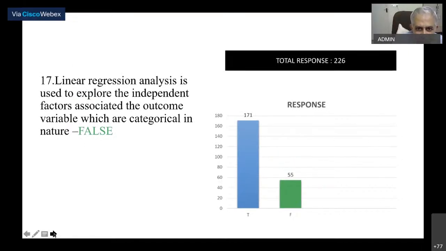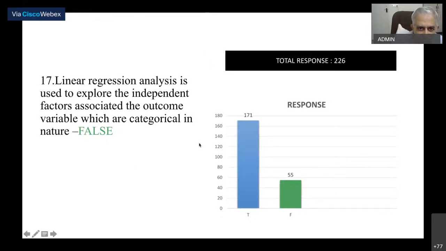So now comes linear regression analysis used to explore independent factors associated with outcome variables, which are categorical in nature. So it is wrong because it is not used for categorical variables. This is again false, but the majority of the people have got it wrong.